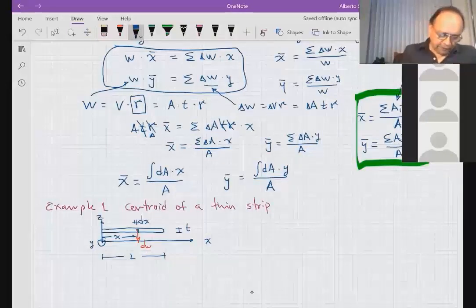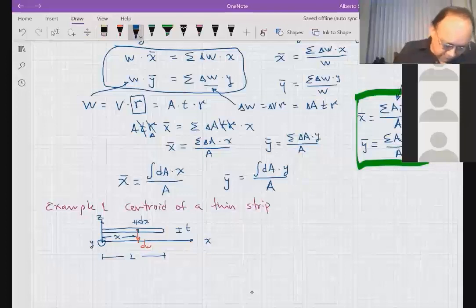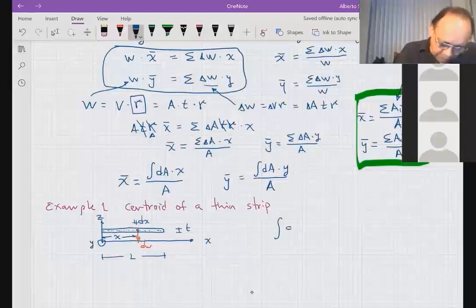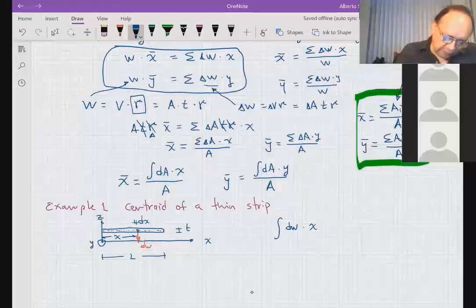Then the moment produced by all the little dots that go from 0 to L will be the integral of dw times x. That's what we have somewhere on the top.